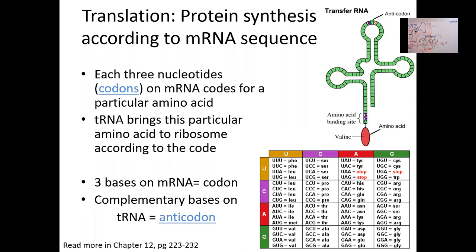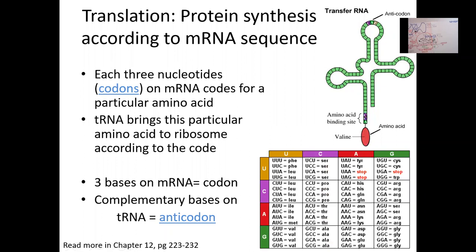Okay, so on a lecture exam, I might give you a sequence, right? You might have to translate that sequence. So the first thing you're going to do is look for AUG. Then you're going to go back and look at this chart, and tell me all of the amino acids that are coded for by the sequence.